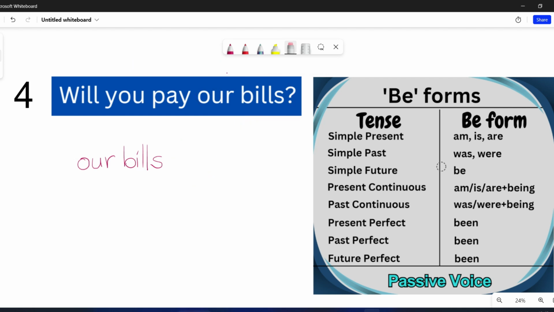So what we understand here is we have to use will at the beginning, will our bills. Now will is a modal verb, so with modal verbs we use be, and this is also simple future tense, and in simple future tense we use be directly. So what is the third form of pay? That is paid. Will our bills be paid by you? You does not change. Will our bills be paid by you?